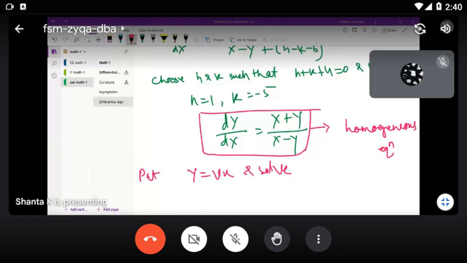Anyone done? Tan inverse will come here. Anyone solved?